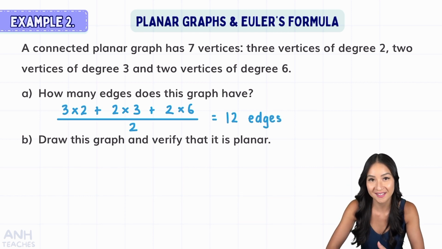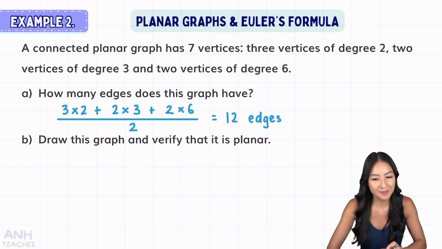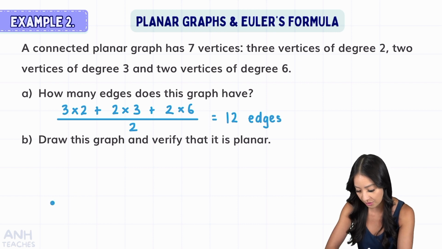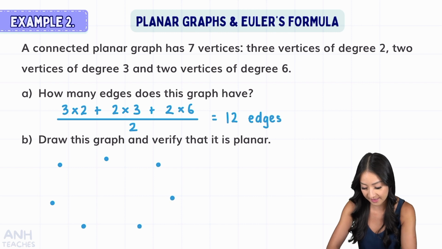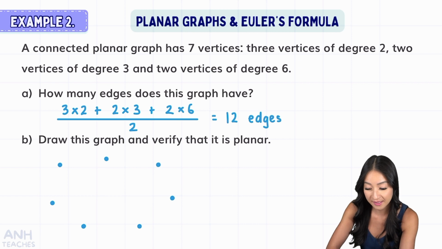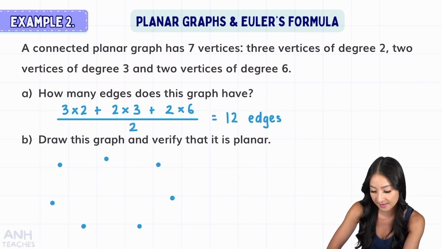Part B of the question now asks me to draw this graph and verify that it is planar. I'm going to start with the first half of that question. So to draw this graph, I'm going to start with 7 vertices. 1, 2, 3, 4, 5, 6, 7. It is a connected planar graph, so I need to make sure that I don't have any isolated vertices.